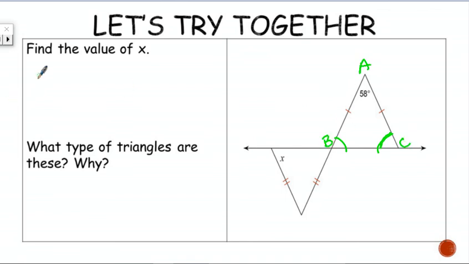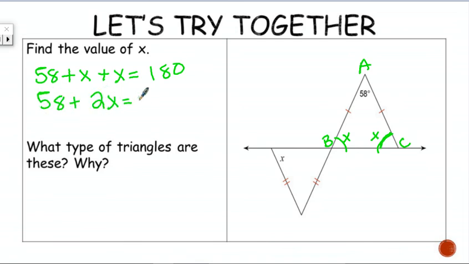So that means the measure of angle A plus, and I'm going to call this x and x because I know what they are, plus x plus the other x. If I add all those together, I should get 180. So I get 58 plus 2x should be 180. Minus 58 out of there, minus 58 on this side.